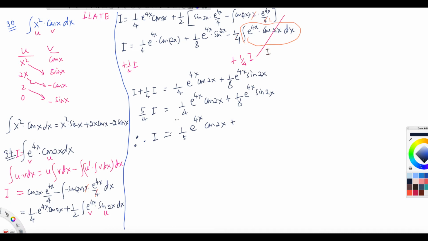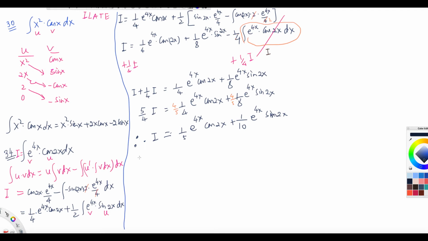Plus 4/5 multiplying by 1/8. So what do you get? If you multiply by 4/5, 4/5 here and then 4/5 here, what do you get? 1/10, right? That will be 1/10 e to the 4x and then sine 2x.